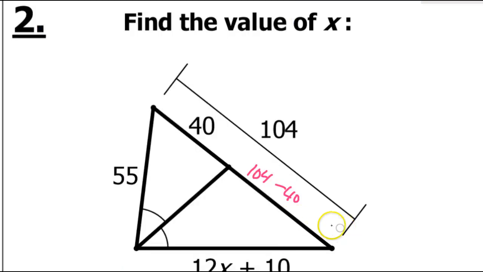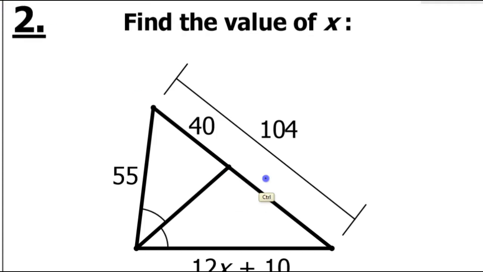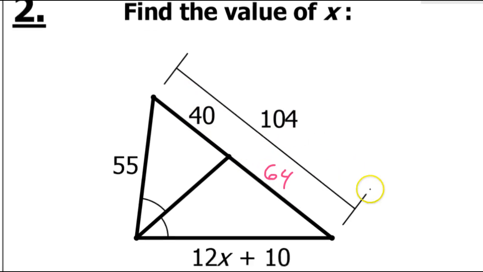That is 64. So that tells me that this segment is going to be 64. Which makes sense because if I add these two up, I will get 104.